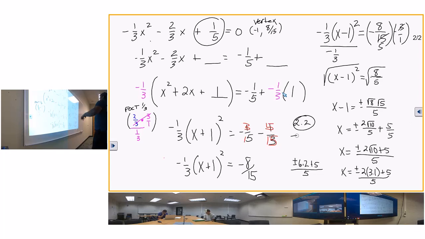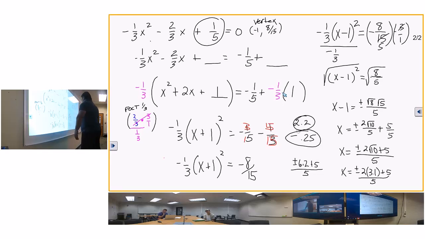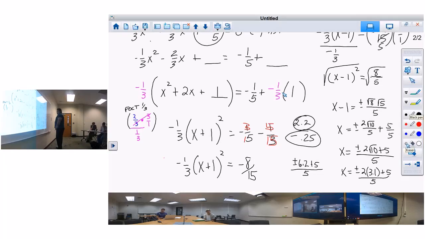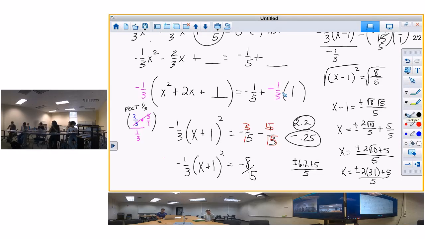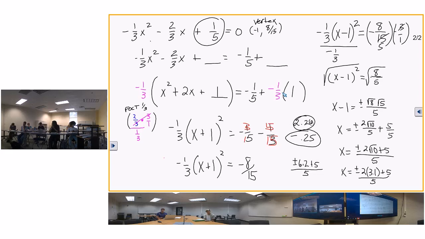Negative 0.25? Somebody check me. I don't know, negative 0.2 something. So what's your x-intercept? Somebody use your calculator and tell me what you get. Negative 0.26 and 2.26. Okay.